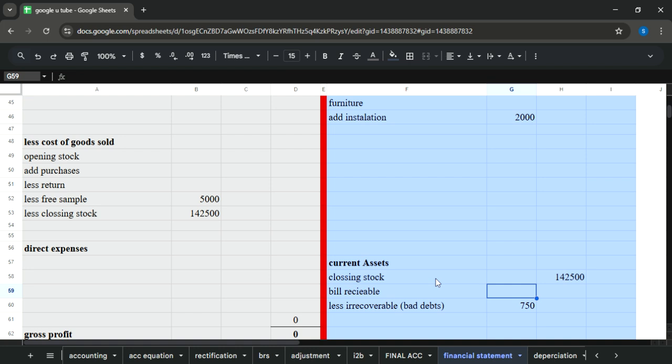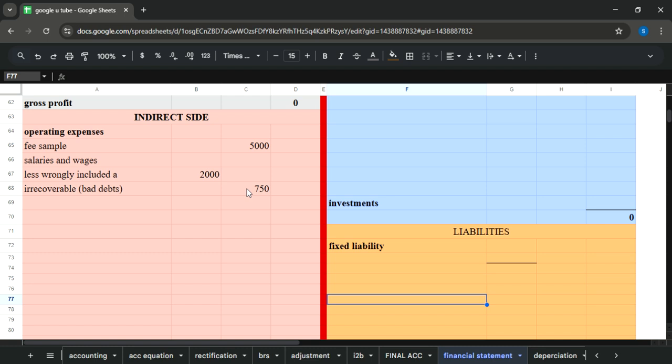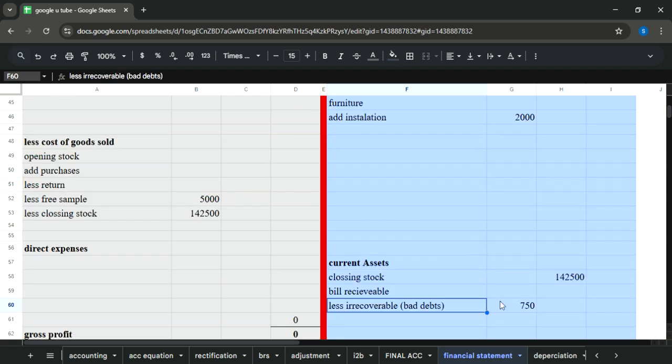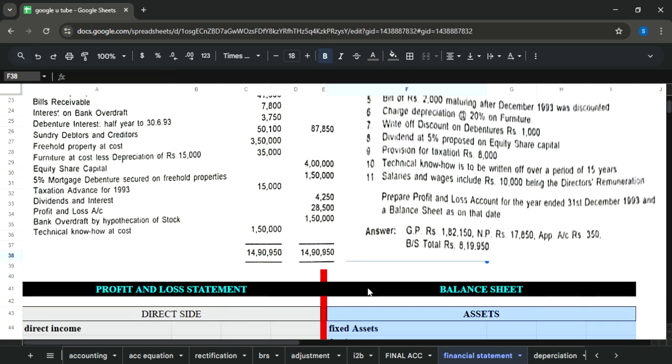actually accountants are not well attentive to spellings. Receivable, bills, oh god. So bills receivable, less irrecoverable bad debts, both effects completed. One you can see is present on the operating expense side, then we will subtract 750 from bills receivable.